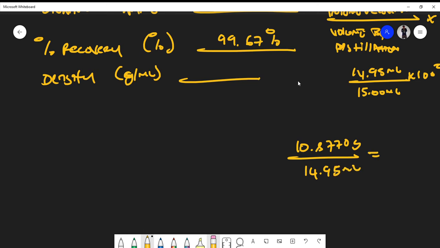If I divide that, I get 0.728 grams per milliliter. That would be my experimental density, which is pretty close to the theoretical value of 0.791. So that is how you would fill out that table for the liquid section of the experiment.